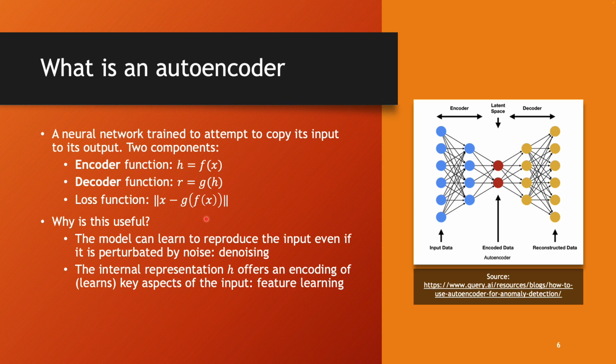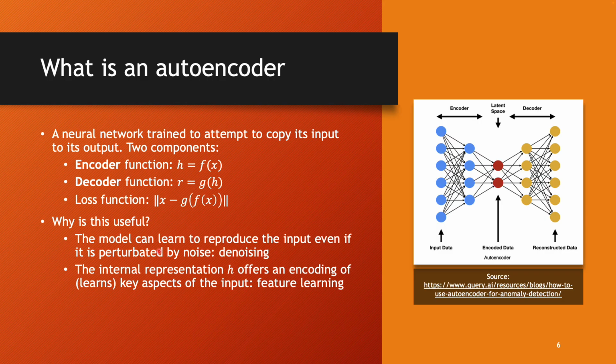So why is this useful? Because if you think about it, the idea that a neural network or a model in general is going to make a lot of computational effort to just reproduce its input to the output is not obvious to have any significant applications. But once you think about it in terms of this model learning to reproduce the input, even if it's perturbed, for example, by noise, you realize that all of a sudden this has significant applications in terms of denoising.